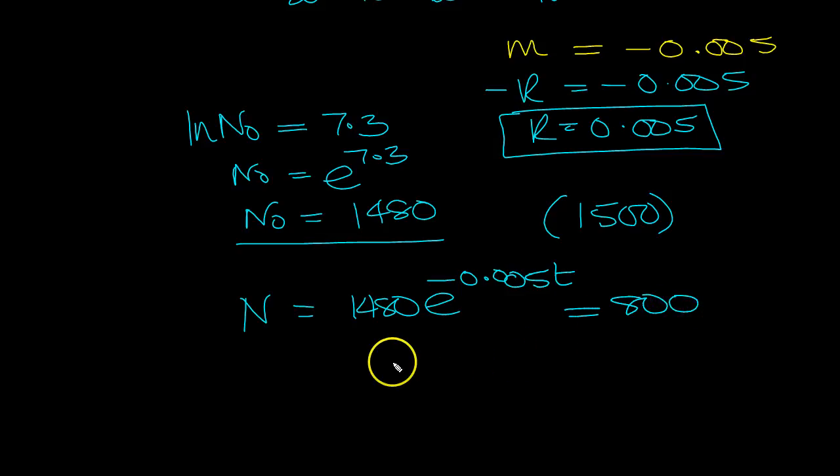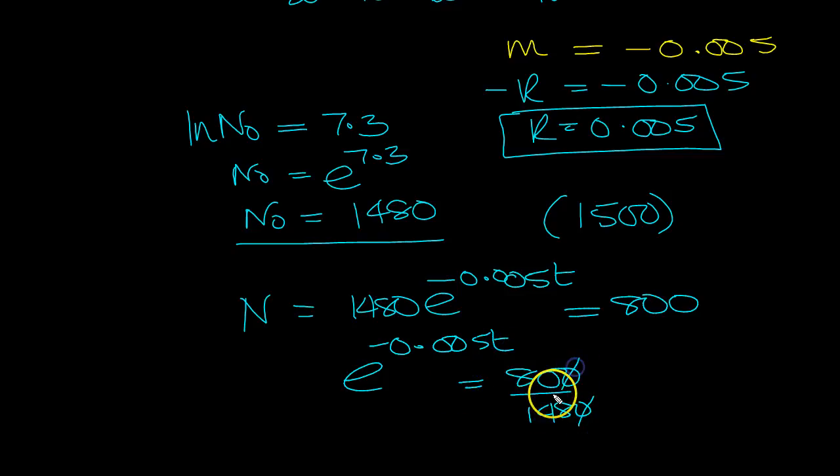So when does it go down to about 800? e to the minus 0.005t then is equal to 800 over 1480. 80 over 148 is 40 over 74, which is 20 over 37, isn't it?